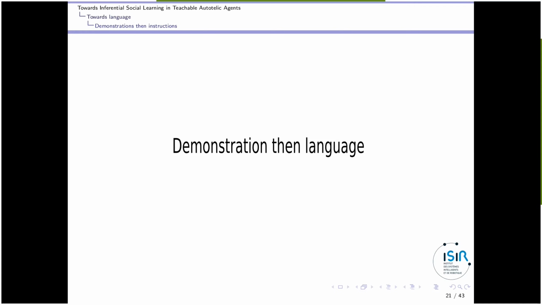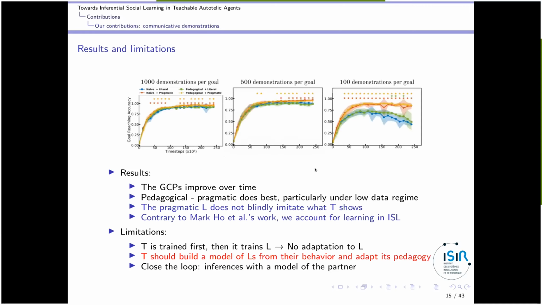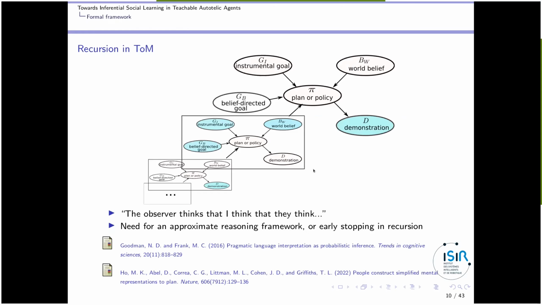This is said explicitly in that paper from Goodman and Frank, that's not Shafto. What you can say about pragmatic and pedagogical demonstration is also true of pragmatic and pedagogical language. You can be more or less explicit in language and select what you will say in a more or less ambiguous way.